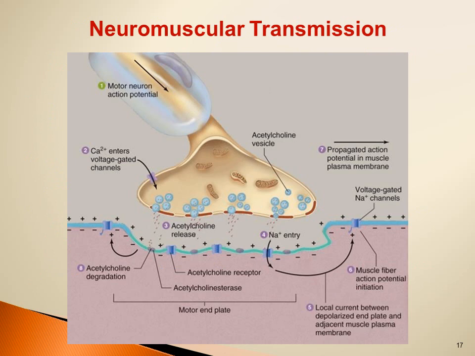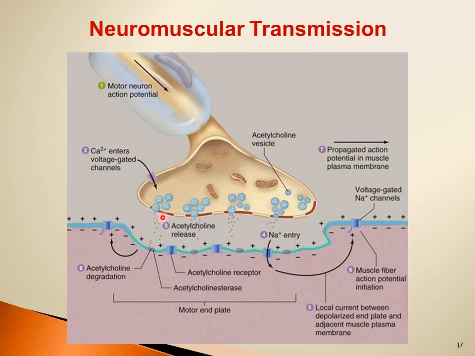So what are the steps that happen during the neuromuscular transmission? First of all, an action potential should arrive through the somatic motor neuron, and this change in the membrane potential will open voltage-gated calcium channels. The voltage-gated calcium channels are usually concentrated around the active zone.